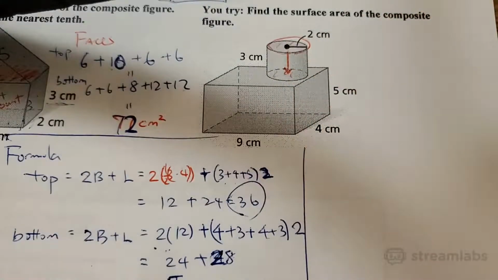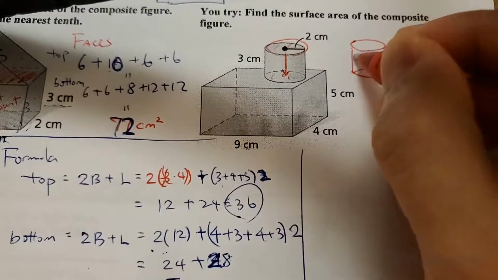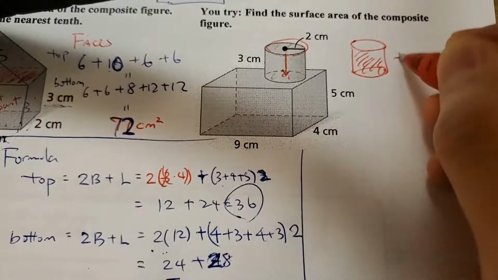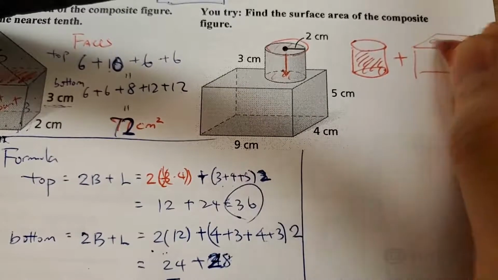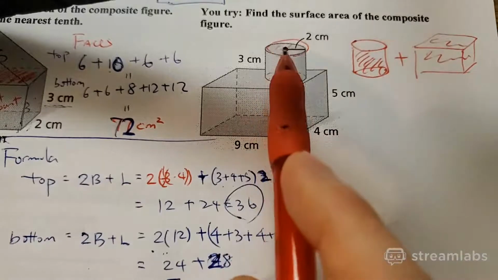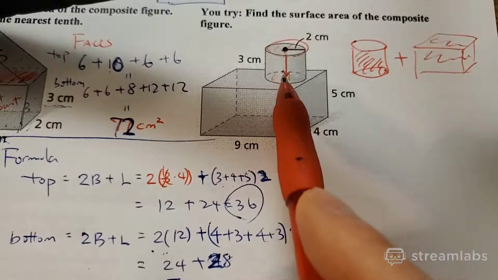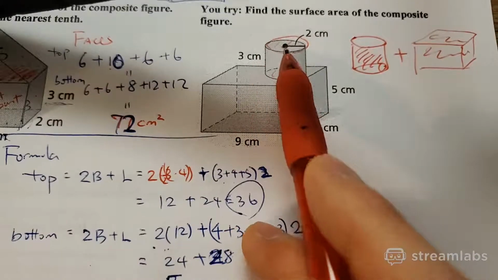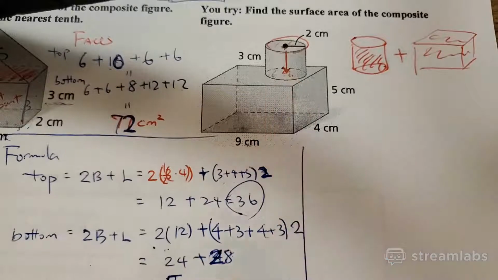In other words, all I'm adding is going to be the lateral, which is the side, plus the whole rectangular prism. Does that make sense? Because this is exposed, this is not exposed. Then I don't count the top.